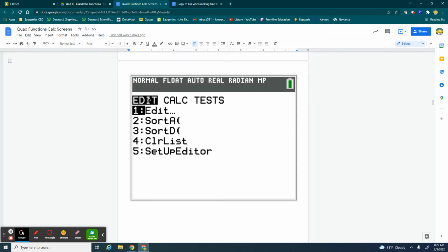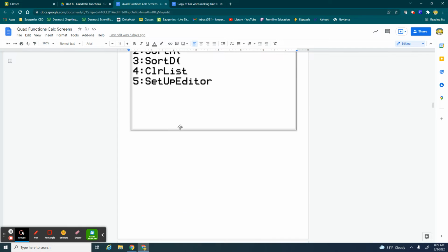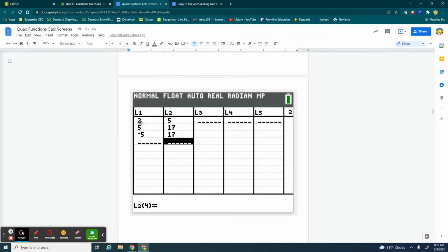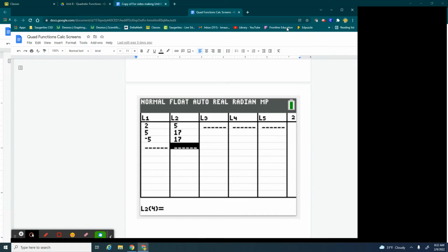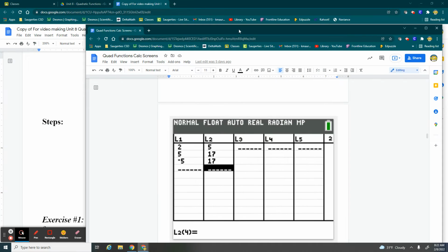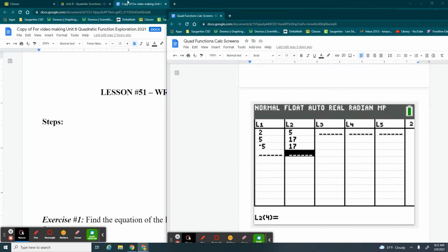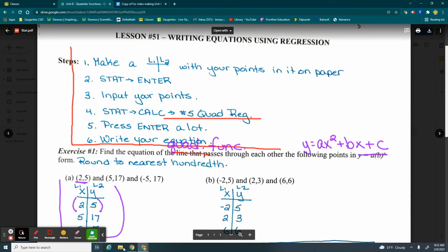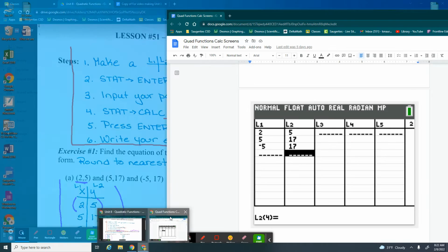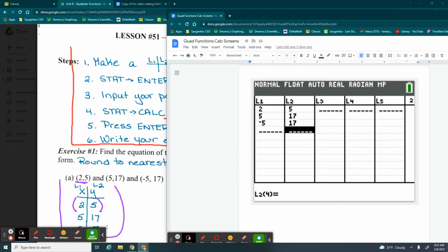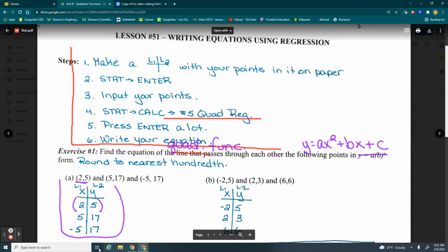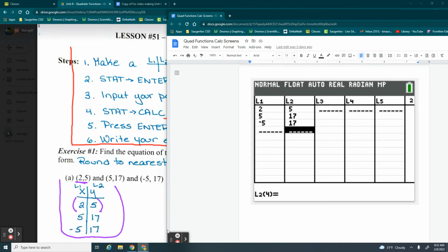So I go to stat, enter, because remember we're doing stat edit. And then here's where I took my points. Trying to show both screens at the same time. Okay, so hopefully you can see, here's my table. And then here's what I typed in.